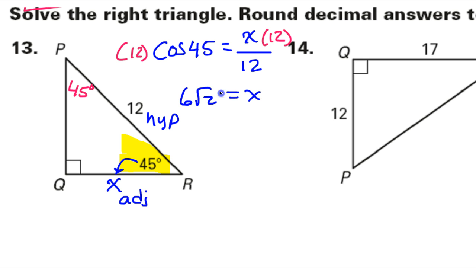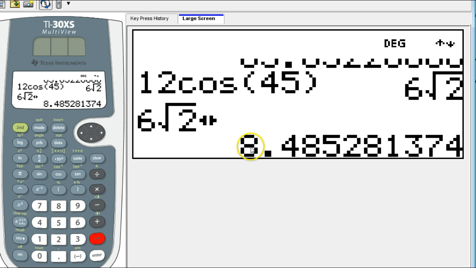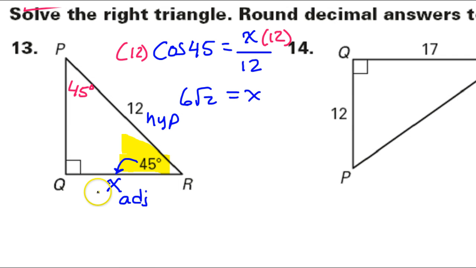Okay, so that is the answer, but if I want a decimal, because it does mention decimals, I can just toggle it. So that's 8.5. Got to round up. Okay, so x is 8.5.